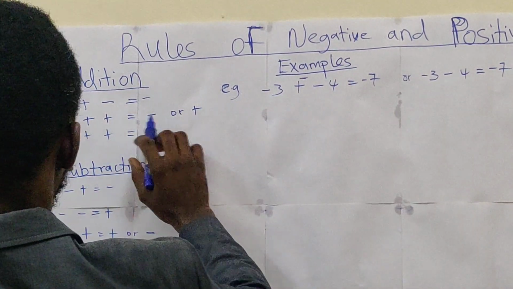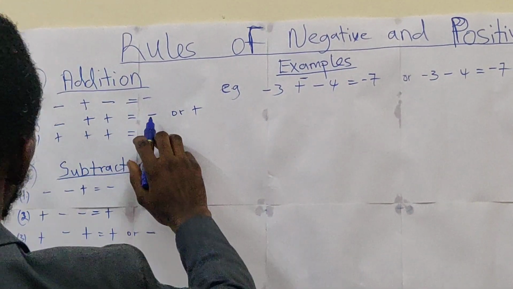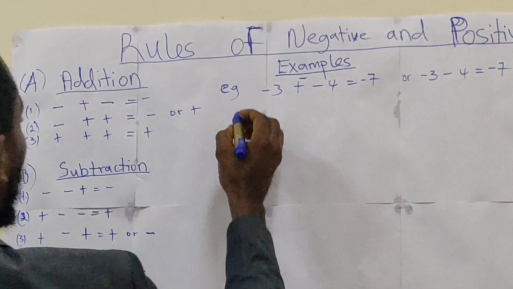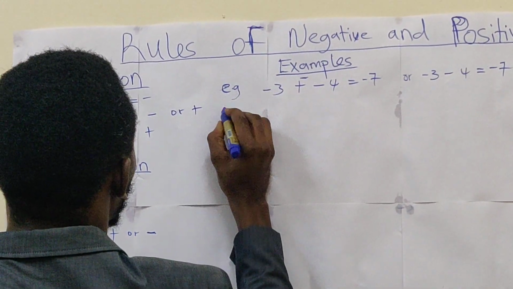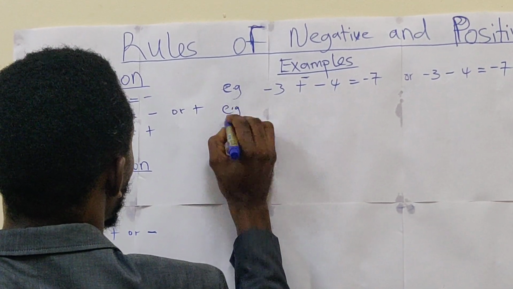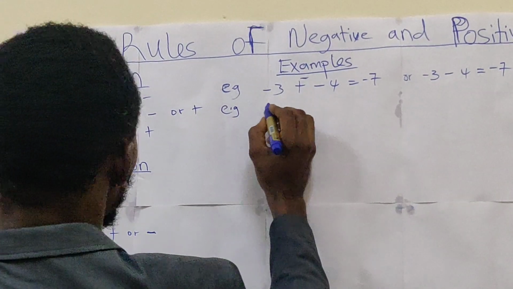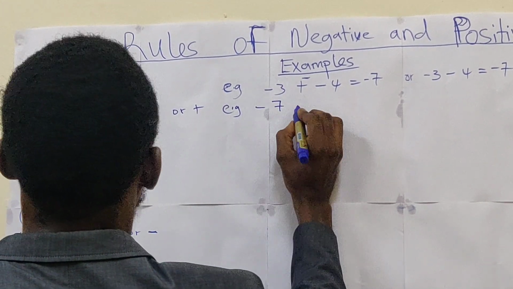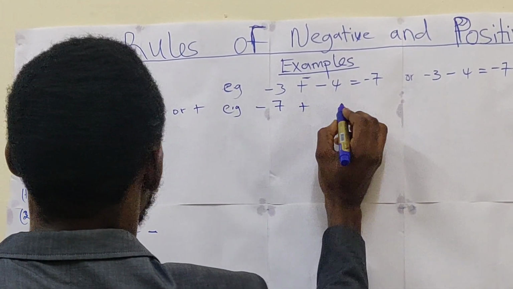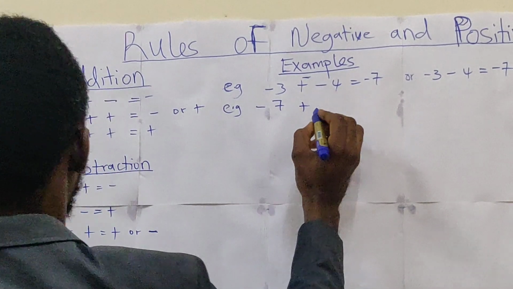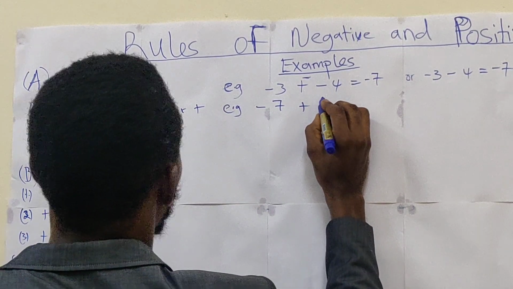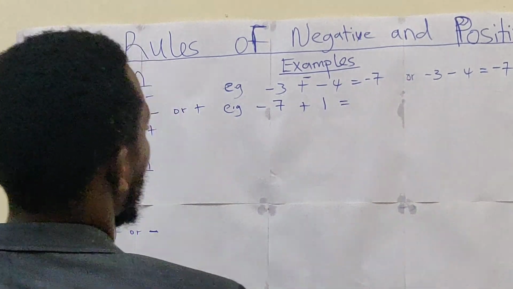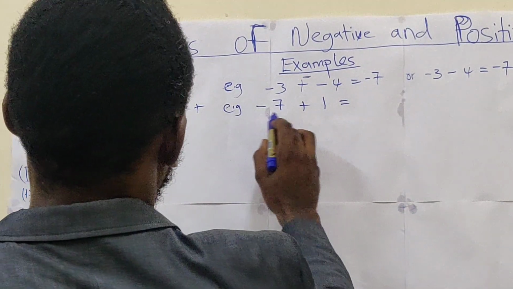So with this one, why I said we are going to have a positive or negative answer, let me prove to you. For example, negative 7 plus 1.